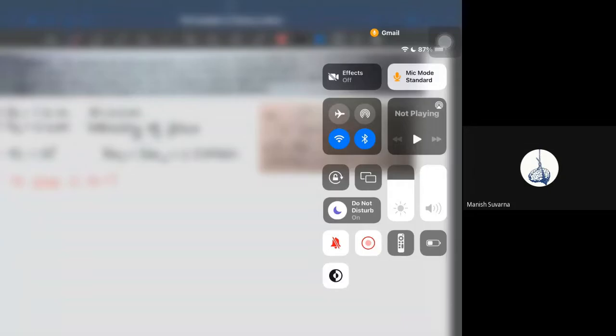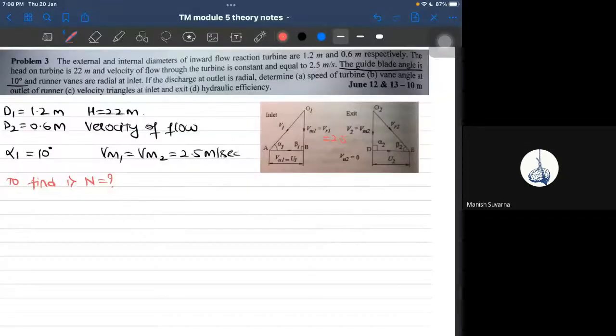Can anyone say what this is? He is asking us the vane angle at the outlet of the runner. This is the second question that we need to solve for. Very good. It is beta 2.